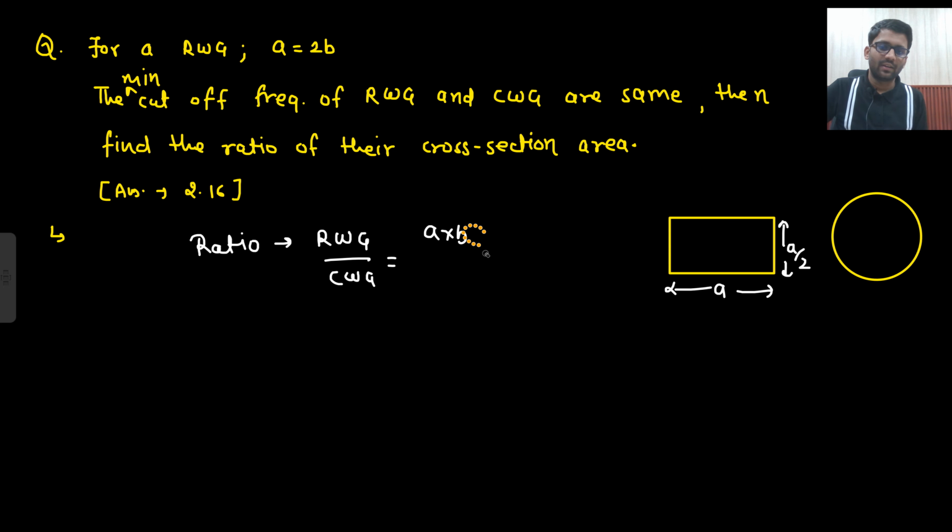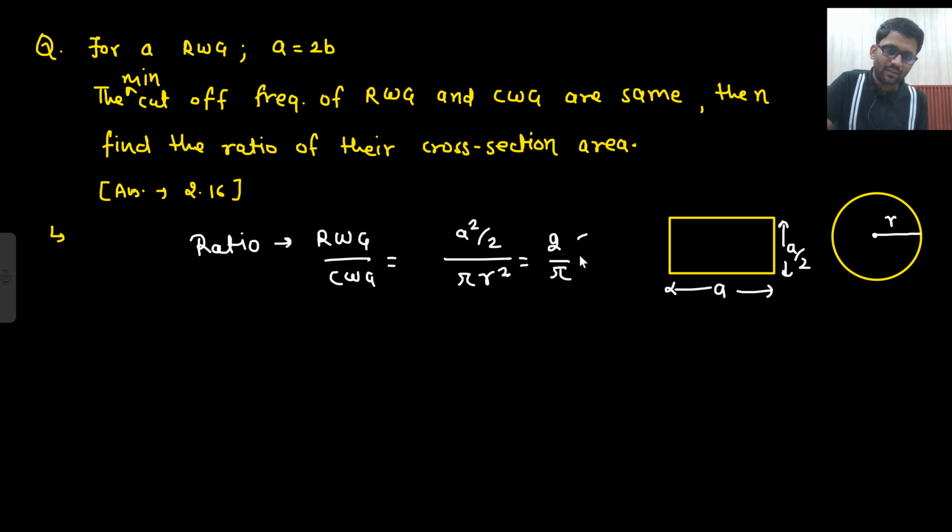So can I write A square by 2, divided by, what about this one? This has a radius of R, let's say. So what is the area? Pi R square. So what do you get? 2 by pi into (A by R) square.